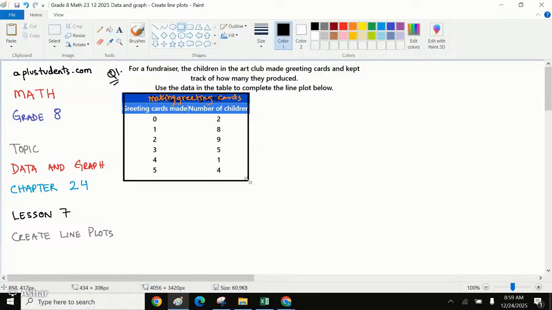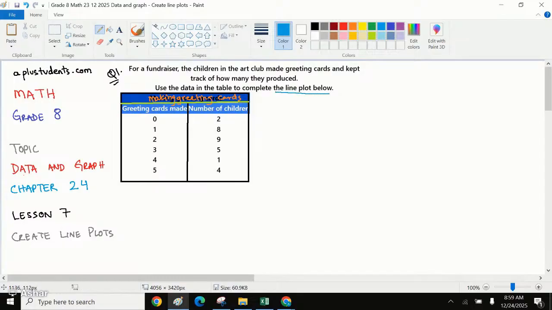The grid is defining greeting cards and the name of the children. Per child, how many cards were made by each child, right? So we need to simplify this. Whenever we need to do the line plot, the question says use the data in the table to complete the line plot.